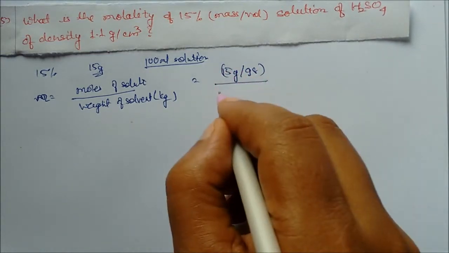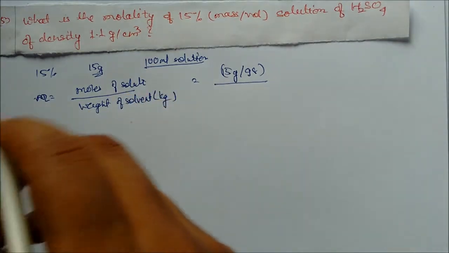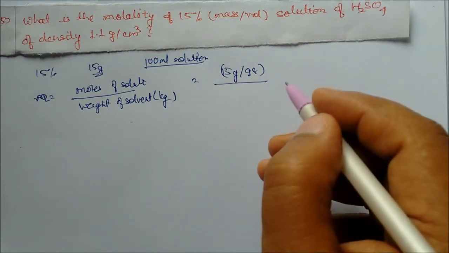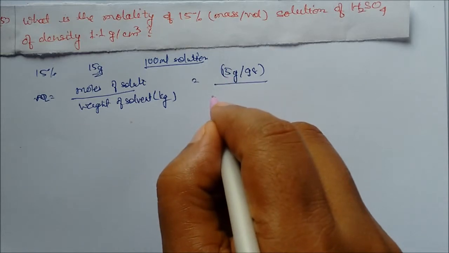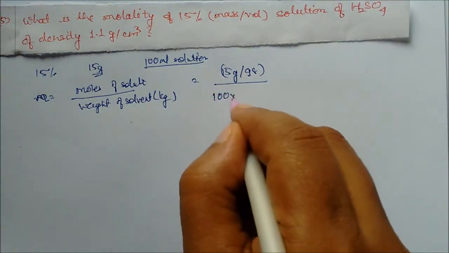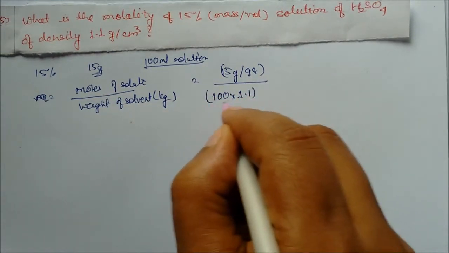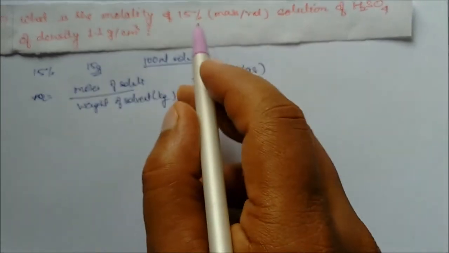Again, how to find the weight of the solvent? The weight of the solvent is the mass of the solution minus the weight of the solute. The volume is 100 and the density is 1.1 gram, so this is the mass of the solution, minus the 15 gram of solute. Then multiply by 1000 to get the weight of the solvent.